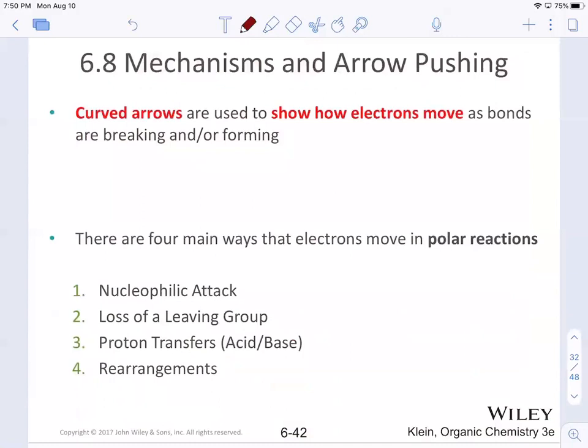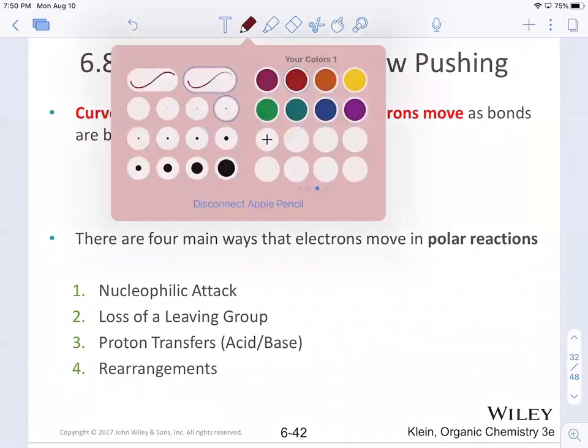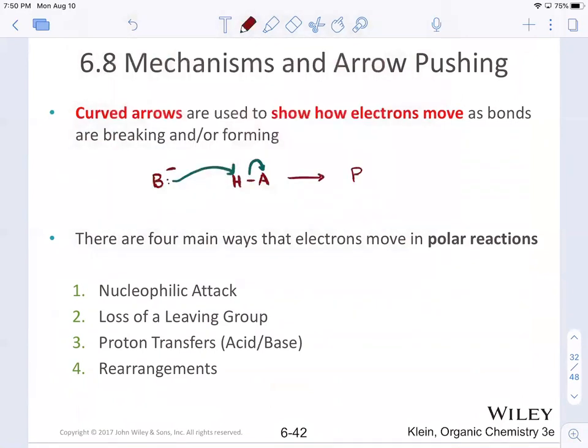Curved arrow mechanisms. Now, we already kind of did this in acid-base reactions. When a base meets an acid, the base lone pairs will go pick up the hydrogen and kick off A minus, so that we make BH, the conjugate acid, and A minus, the conjugate base.